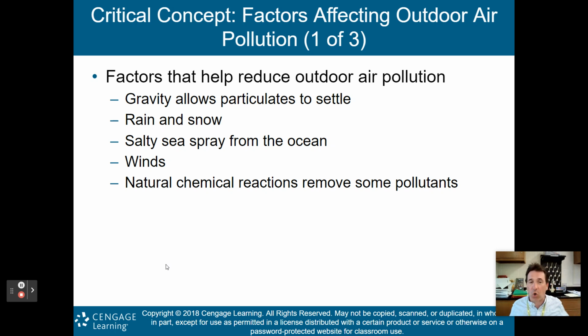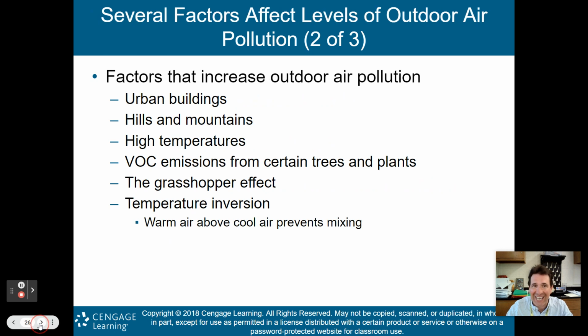But because we're overloading our atmosphere with those pollutants, unfortunately, these ways that the Earth helps us get overwhelmed and can't clean the atmosphere as much. Factors that increase outdoor air pollution include urban buildings, hills and mountains, high temperatures, VOC emissions from trees and plants, the grasshopper effect, and temperature inversion, which is where warm air above cool air prevents mixing and traps the pollutants.